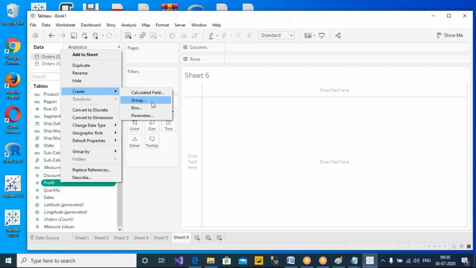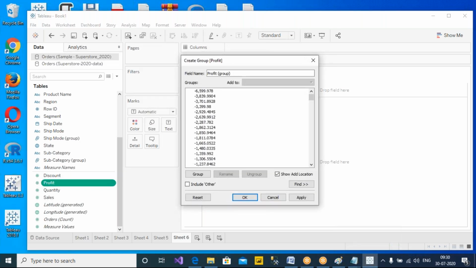You can see the difference here. Okay, let's click on that. Now I want to find all the negative numbers. That means I want to group all the negative values into loss, and all positive values into another group called total profit. So can we do that?